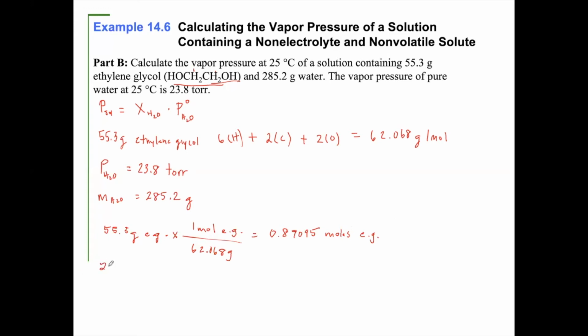If we have 285.2 grams of water, and 1 mole of water is 18.016 grams, now we've got 15.83 moles of water. The mole fraction of water is going to be the moles of water divided by the total moles. So we've got the 15.83 moles of water.